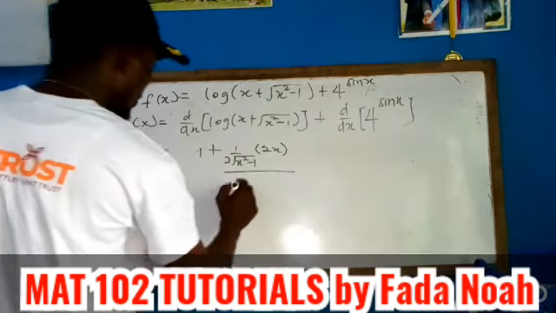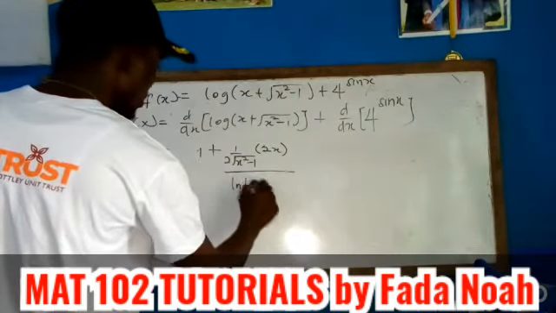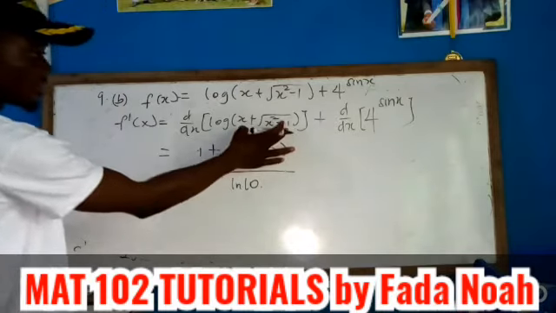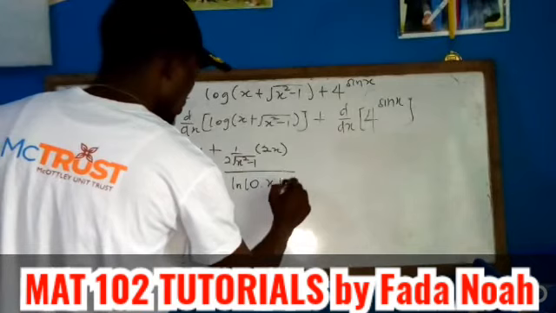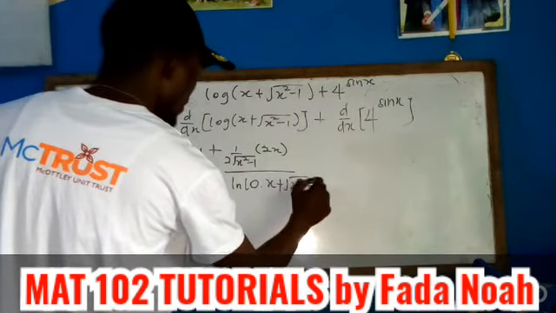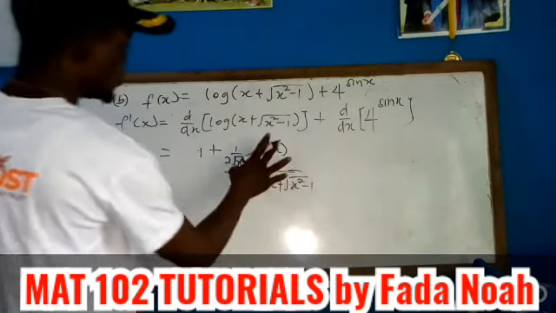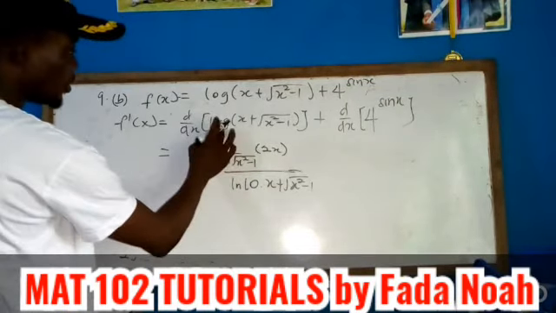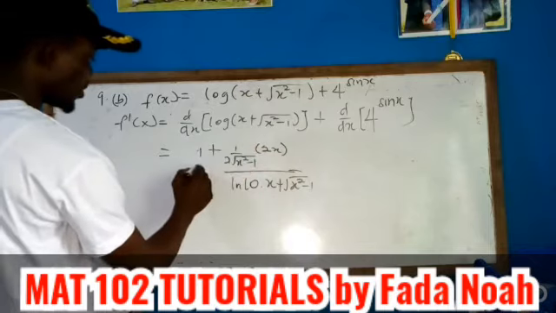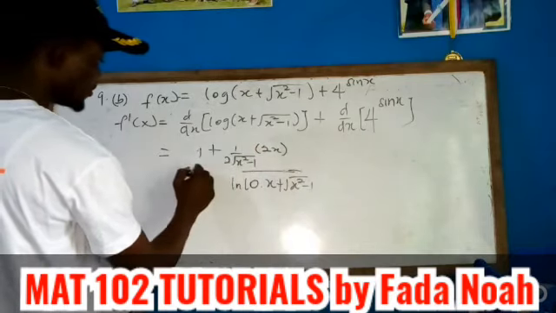So we write ln 10 multiplying the original function inside the log. So we have x plus square root of s squared minus 1. So this one here gives us the derivative of log of that one, everything over here.